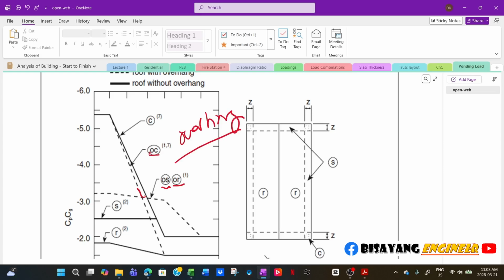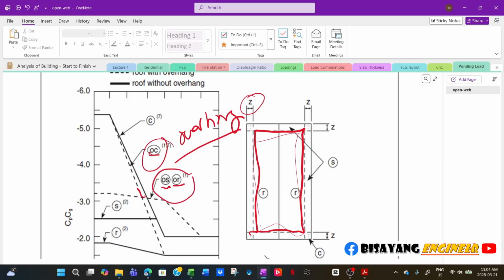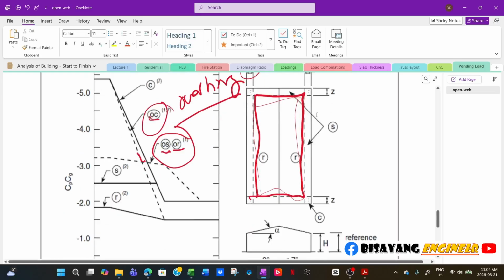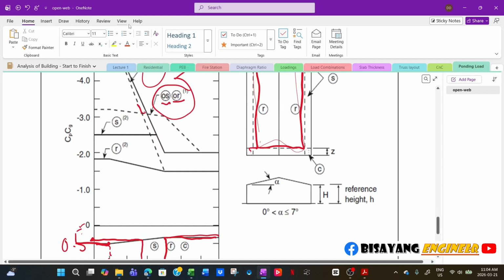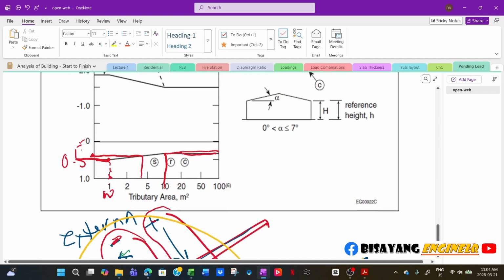So if you have overhang, for example, this is your roof, but your wall is only right here, it doesn't mean that this value coincides with the wall line. That's not what it is. What I mean is, if this is your roof outline and you have overhang, that means your wall is offset inside. Then use these values here for the overhang portion.